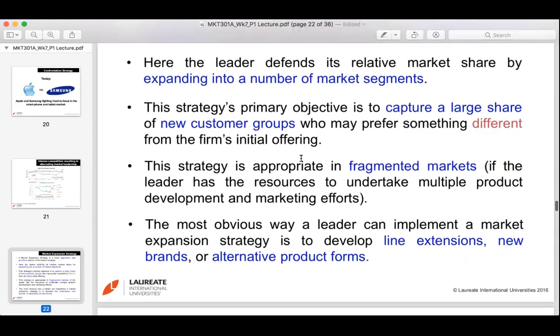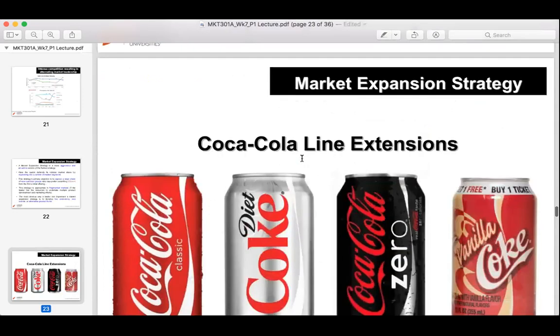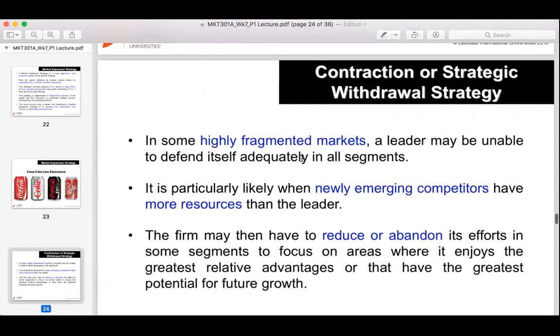The primary objective is to capture a large share of the new customer group. That's the main point. If you look at market expansion strategy, look at Coke, for instance, and their extensions.